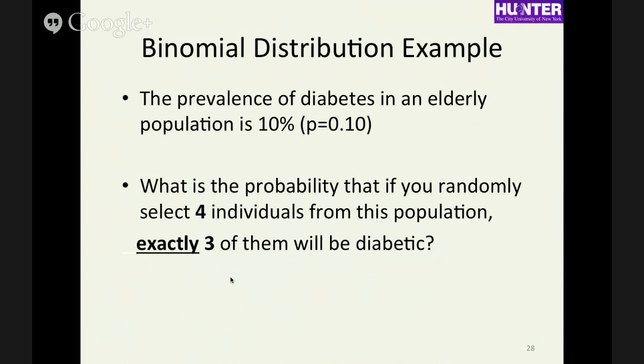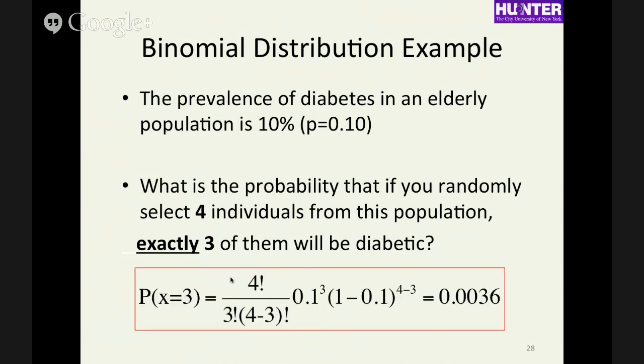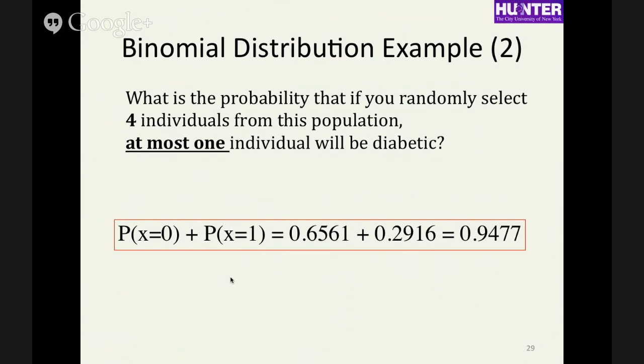That would just be one calculation from that binomial formula. There's how you do it. If you wanted the probability of at most 1, so 0 or 1 being diabetic, you just have to do it for 0 and for 1 and add them up.